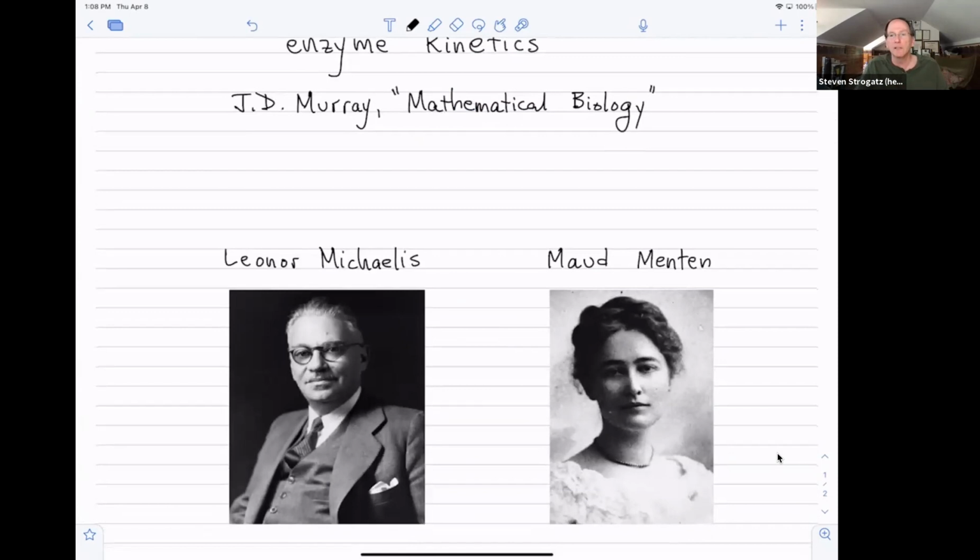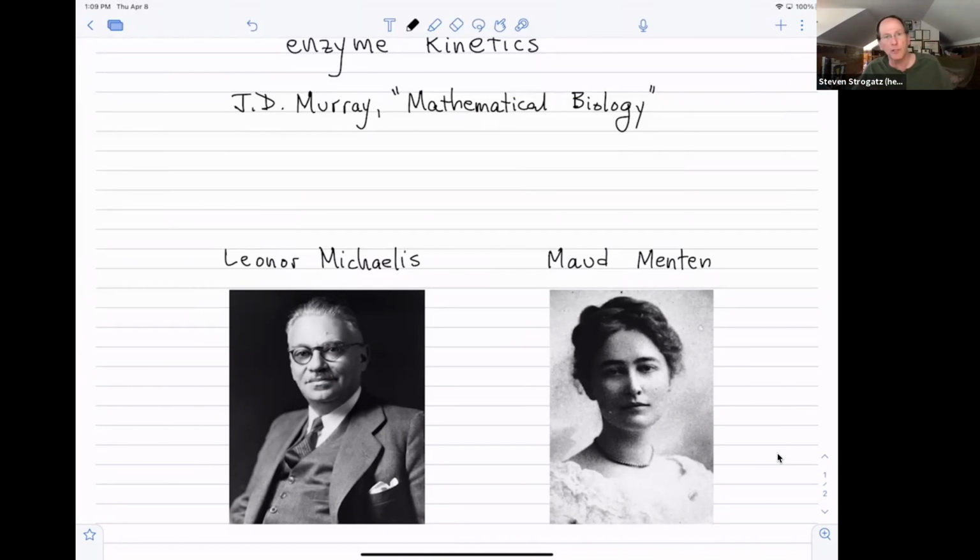There she is. It's from 1912 or so, this work that she did with Leonora Michaelis. I'll send you a link. I actually tweeted about it this morning, a link about the backstory of their work from the early 1900s. Very pioneering study in mathematical biology. Each of them had problems of their own kind.